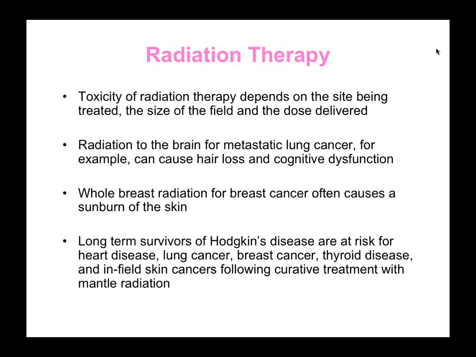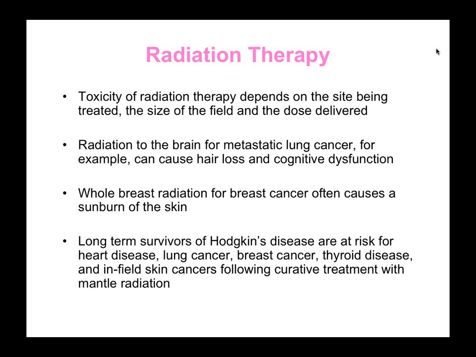So, for example, radiation to a bone site is typically very well tolerated, whereas radiating something in the abdomen near the intestine is typically much more toxic, and the tissues of the abdomen don't tolerate the effects of radiation as well as the bone, for example.